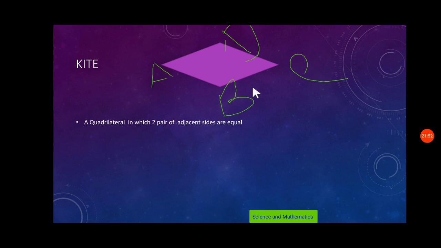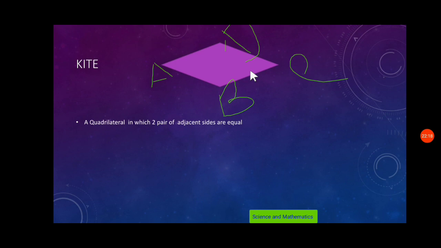I'm marking it with a cursor. You can see on my screen that this is a diagonal, and this is also a diagonal. This diagonal will bisect the other at a right angle, meaning the diagonals perpendicularly bisect, we can also say.